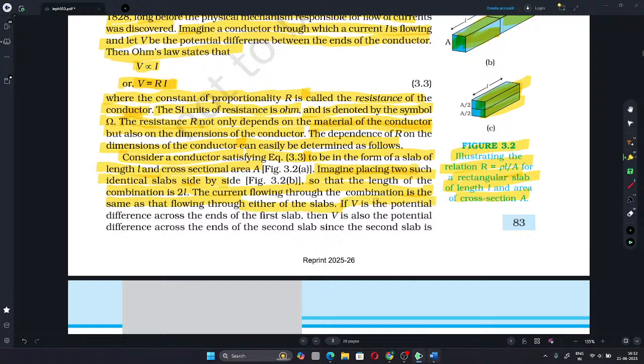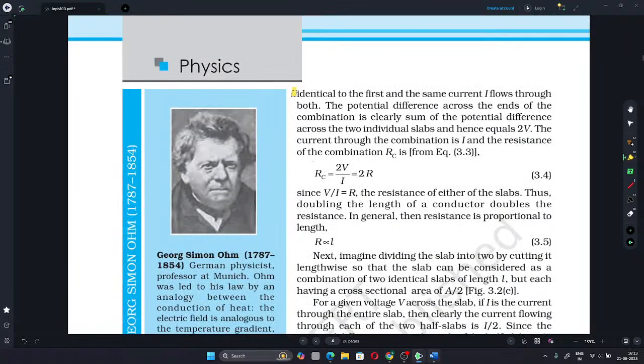If V is the potential difference across the ends of the first slab, then V is also the potential difference across the ends of the second slab. Since the second slab is identical to the first and the same current I flows through both, the potential difference across the ends of the combination is clearly the sum of the potential differences across the two individual slabs, hence equals 2V.